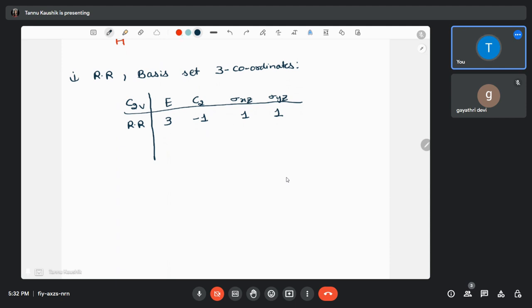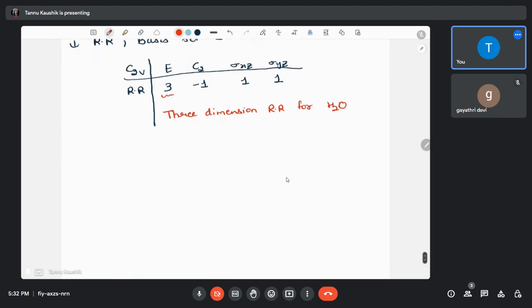So this value below the identity element shows the dimension of the system. Like, this is the three-dimensional reducible representation for water.